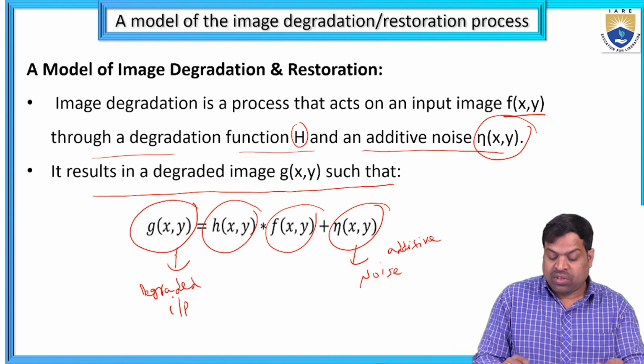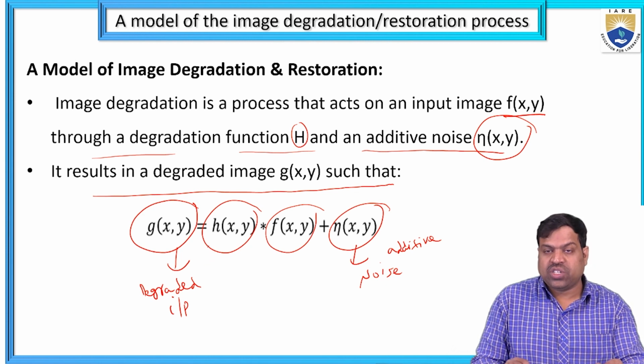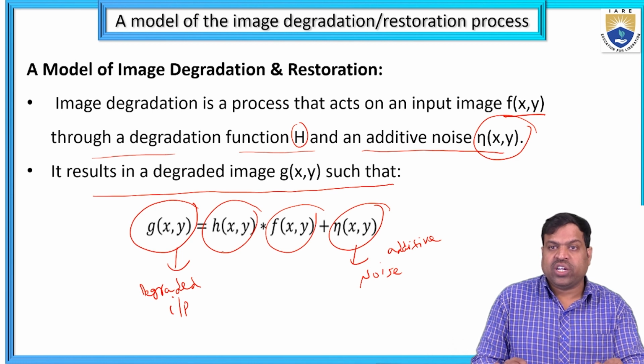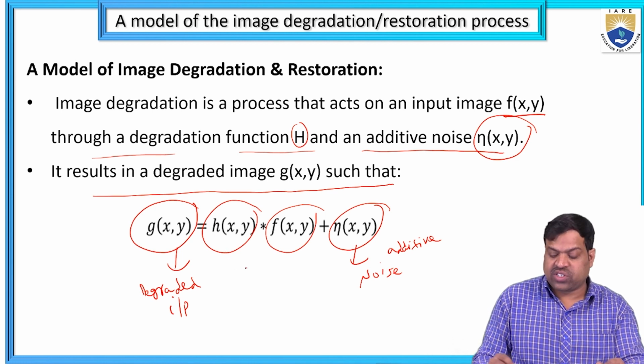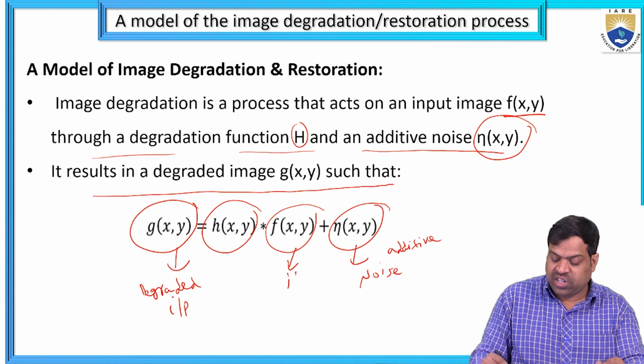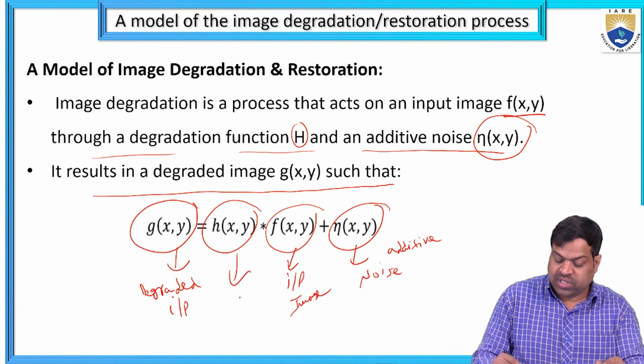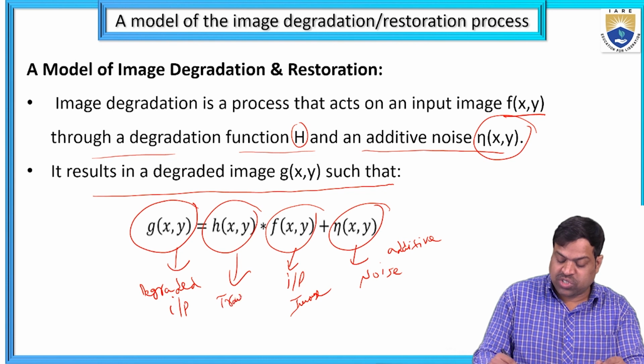So, the degraded function g(x,y) equals h(x,y) * f(x,y), where f(x,y) is the input image and h(x,y) is the transformation function.